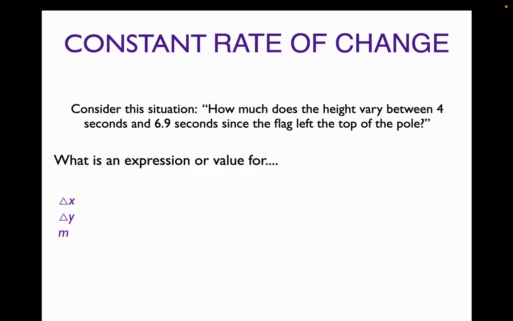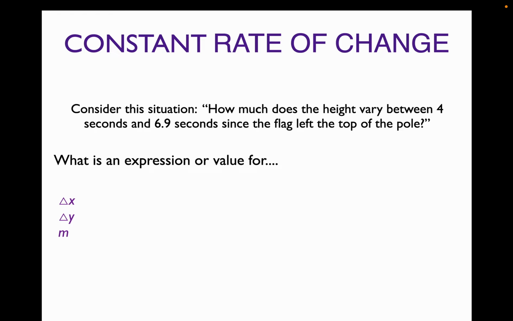So negative 0.75 meters per second, and we have a number of seconds, so we should be able to get the value for delta y. Here, let me just write this up here, because it's not on every page. Delta y is m delta x. And if we know this, and we know that, we can certainly get that delta y, right?